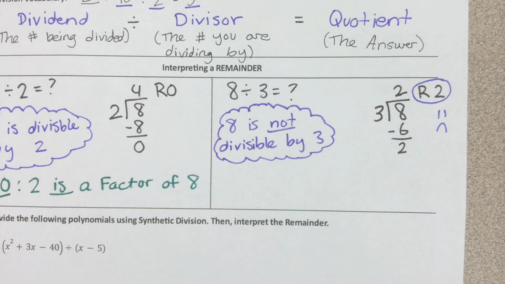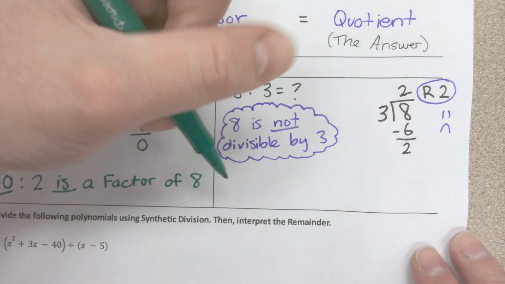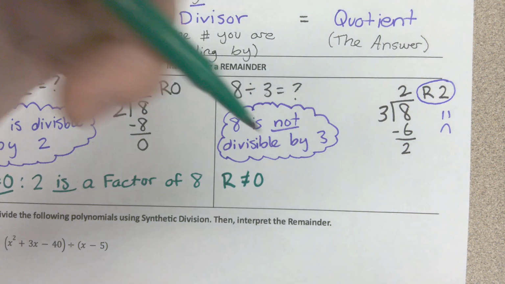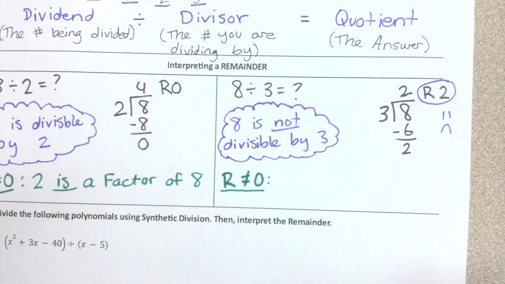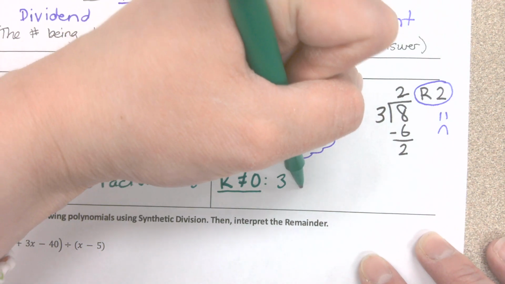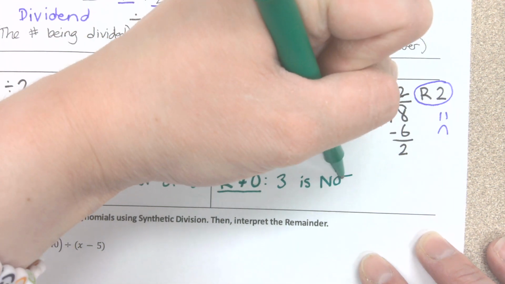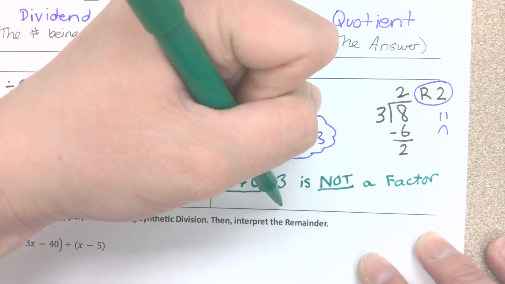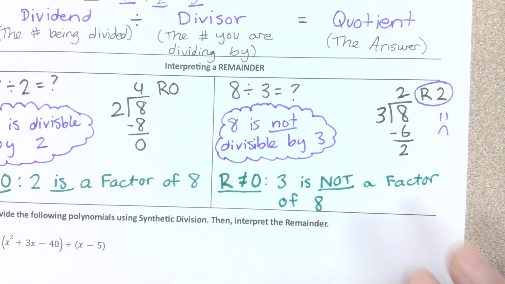The conclusion to be made, and again, the big important thing to understand for today, is that when your remainder is not 0, you get a number for your remainder besides 0, then it's not a factor. 3 is not a factor of 8 because you can't divide 8 by 3 without getting a remainder.